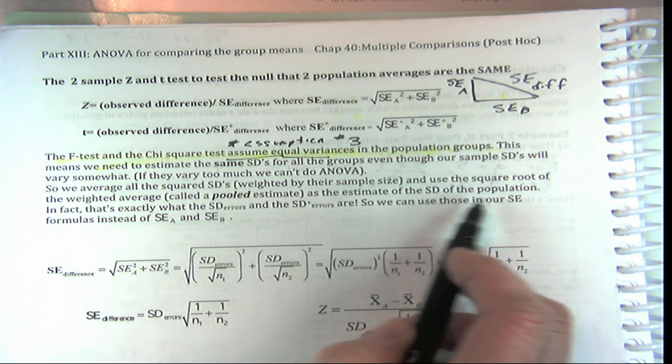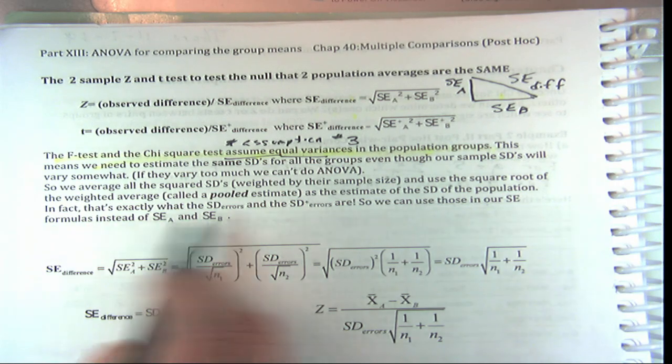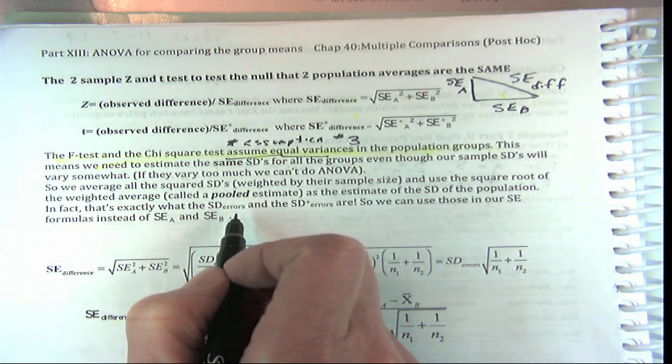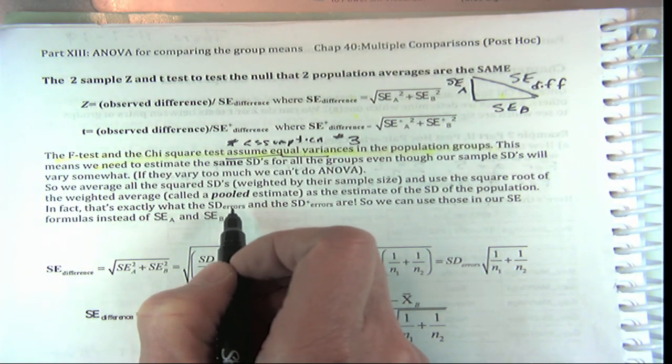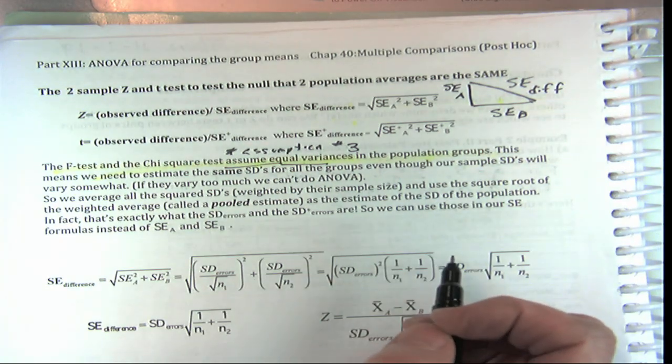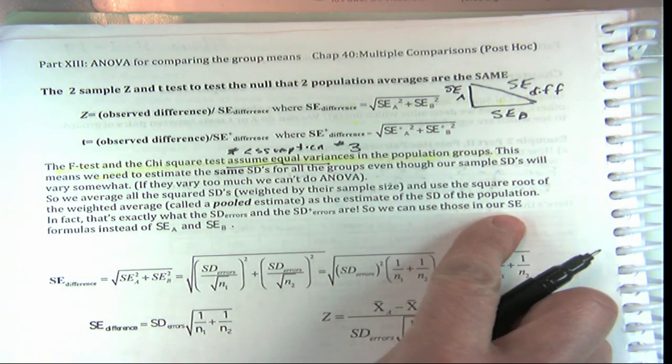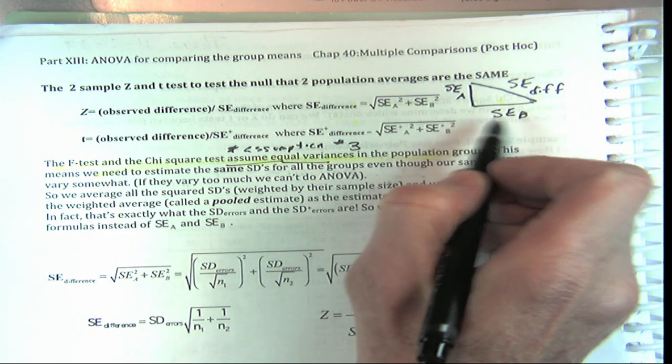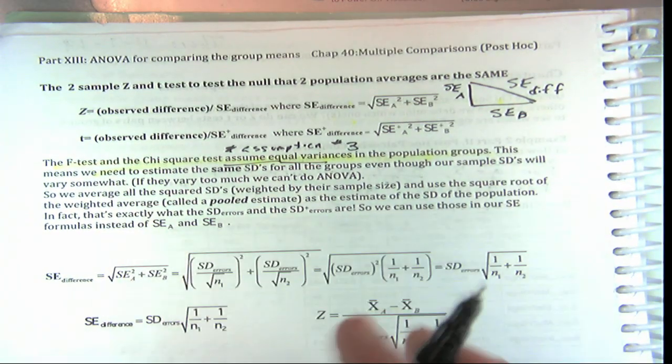In fact, that's what the standard deviation of the errors is. It's a pooled estimate of the standard deviation of the whole population. Okay? So we're going to use that instead of these two separate ones in our formula.